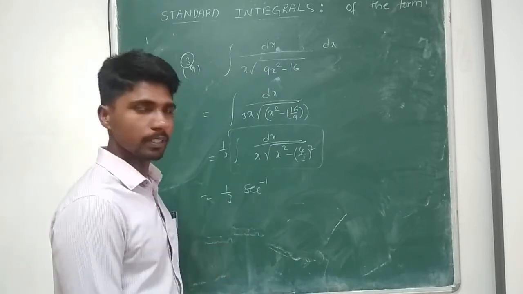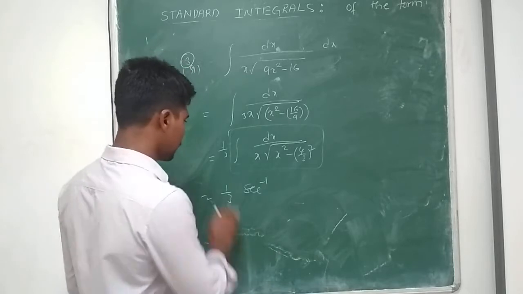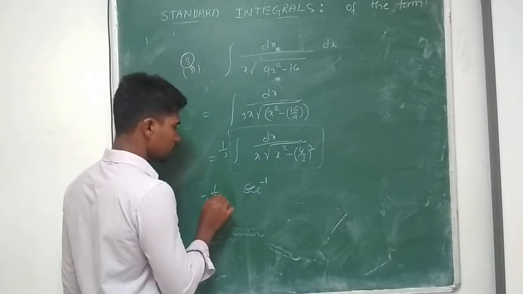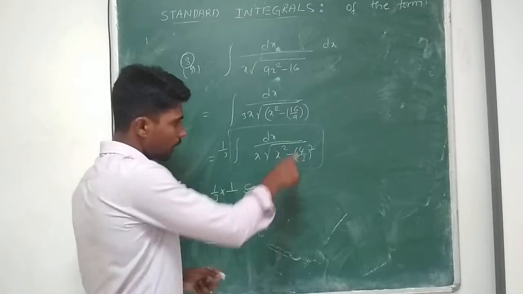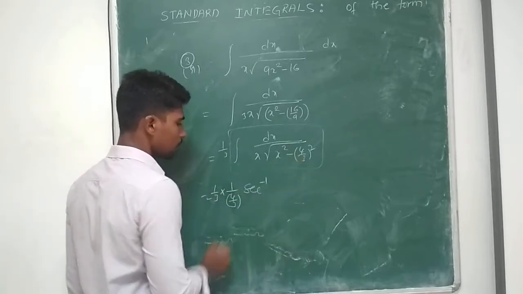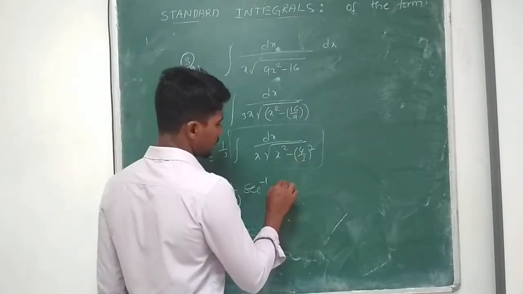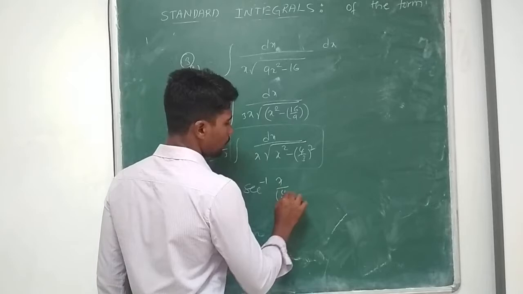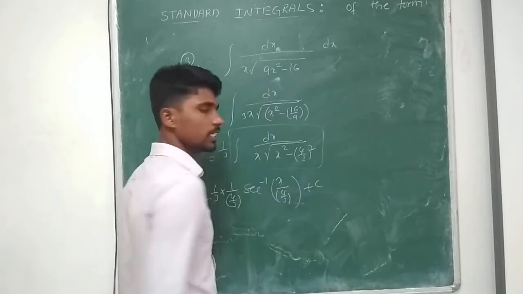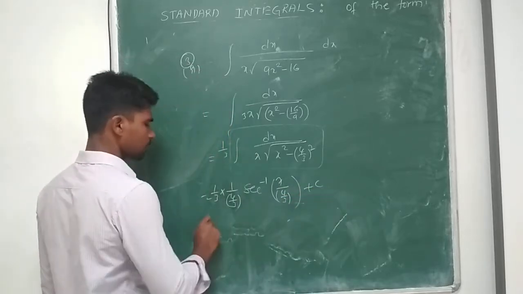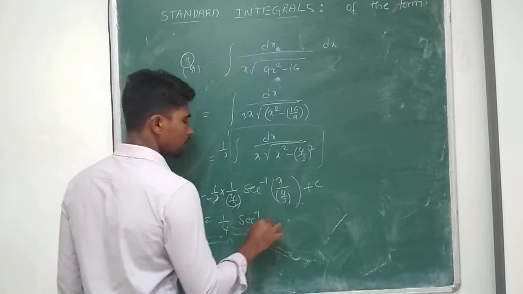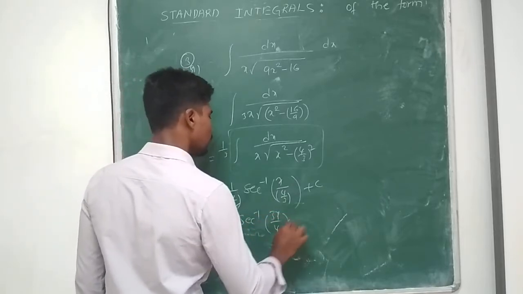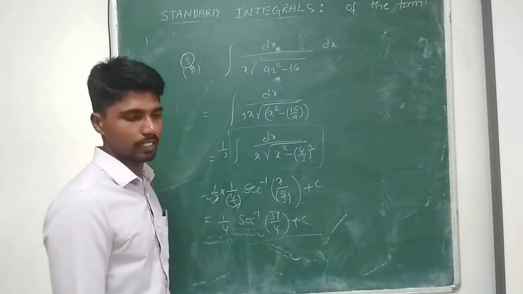I didn't substitute that here; this 1 by 3 is the coefficient of the integral. So 1 by 3 into 1 by a, where the value of a is 4 by 3, into secant inverse of x by 4 by 3 plus a constant c. Now 3 and 3 get cancelled. My answer is 1 by 4 secant inverse of 3x by 4 plus a constant c.